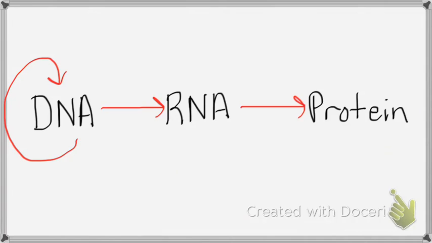So what would that be? Replication. Where DNA uses its own DNA template and makes more DNA. That one okay? Okay, then DNA pulls apart and RNA is made from it. So this is the second arrow where the information in DNA is used to make RNA. What is that one called? Transcription. Good job.